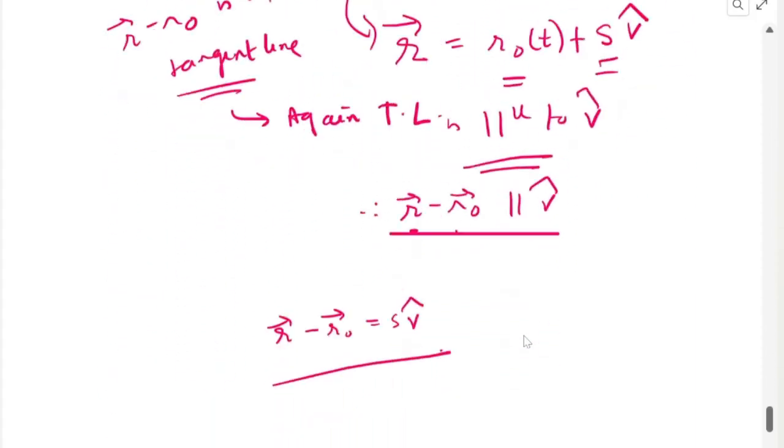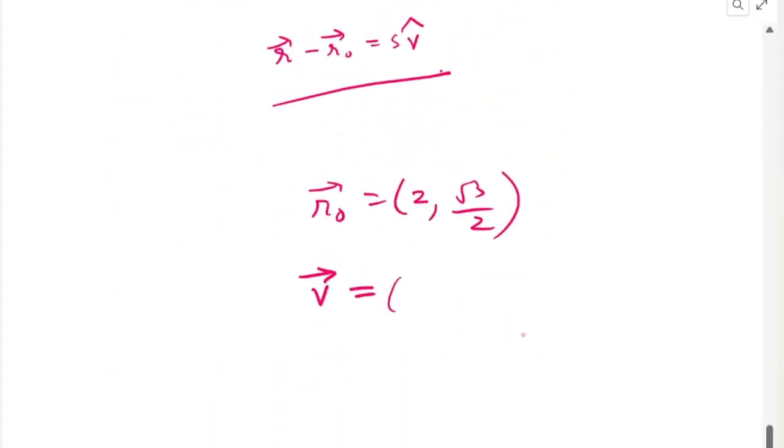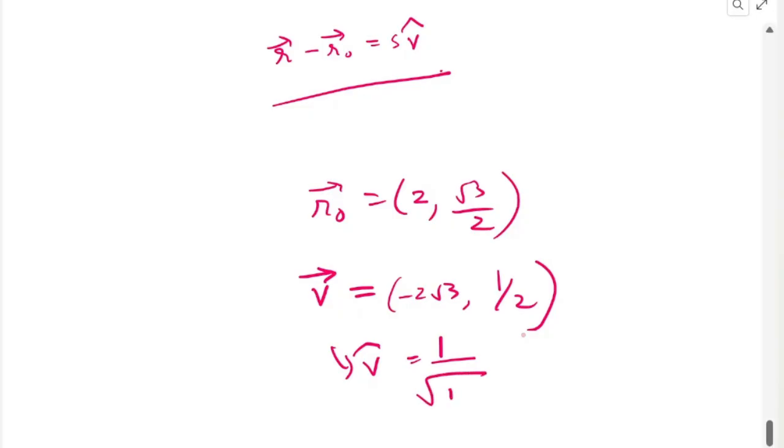Let me write it out here first: minus 2 root 3 comma half. So what is the unit vector? You can find it easily from here: 1 by root over 4 into 3, meaning 12, plus 1 by 4, of minus 2 root 3 comma half. So this is the unit vector.